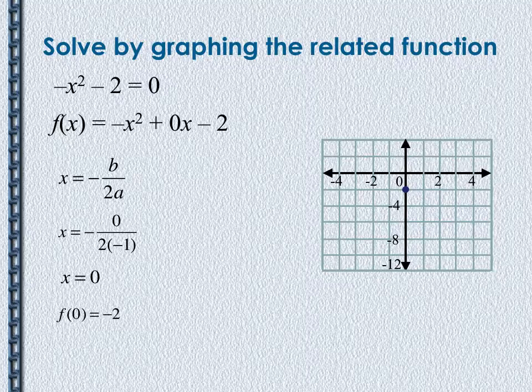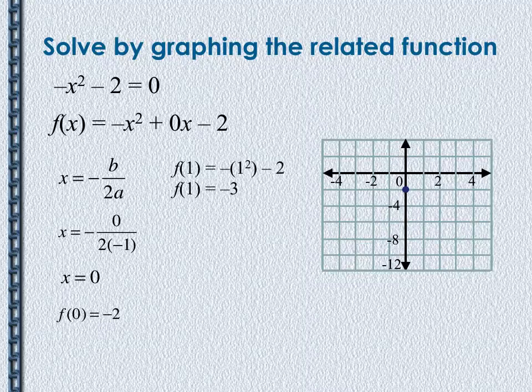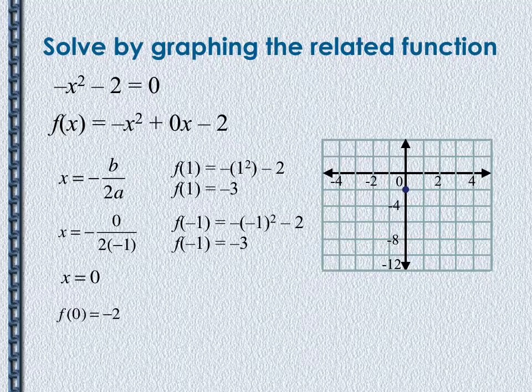So let's find f of 1 and f of negative 1. Now this gets tricky because you want to pay attention to that negative in front of the x squared term. That means the opposite of x squared minus 2. So we can plot 1, negative 3 and negative 1, negative 3.